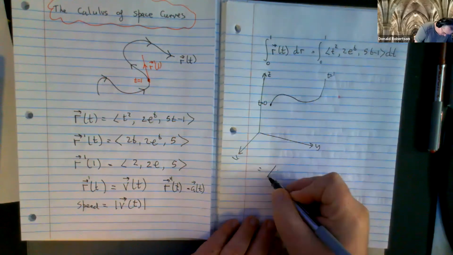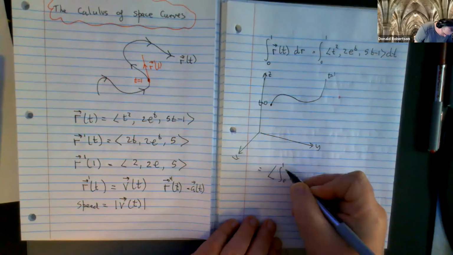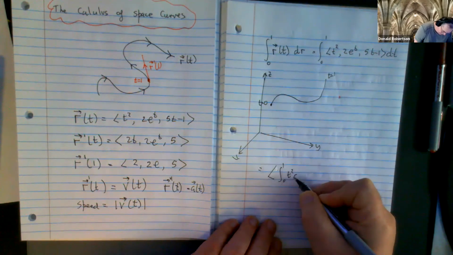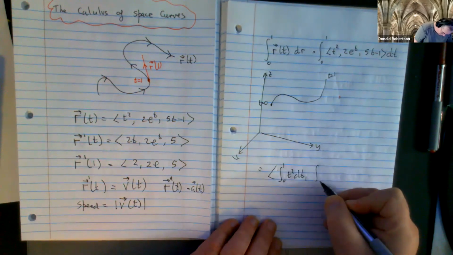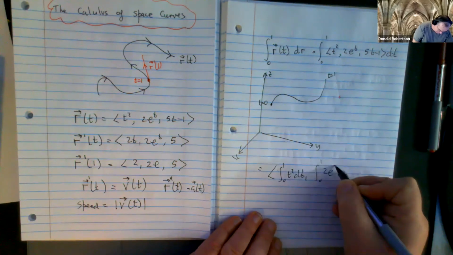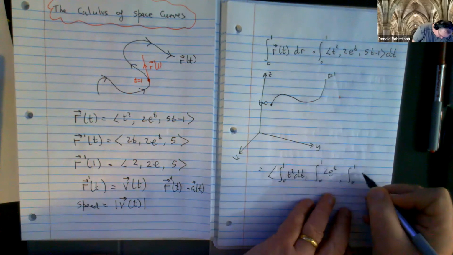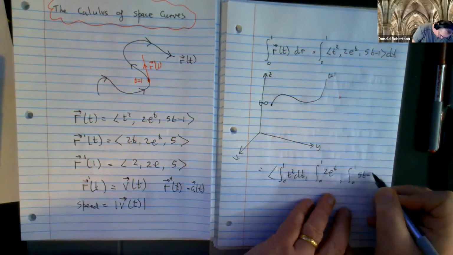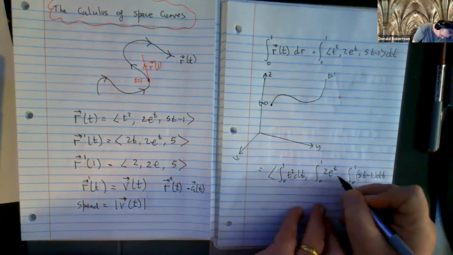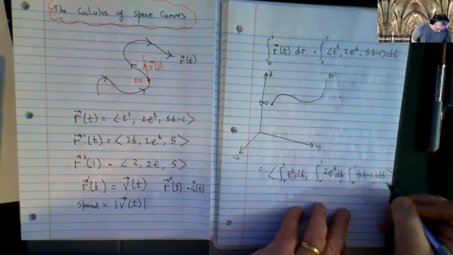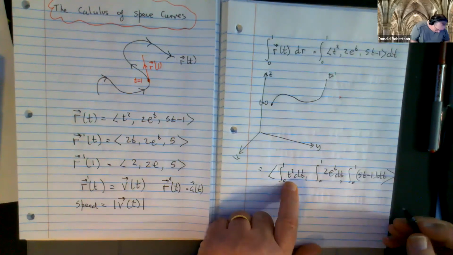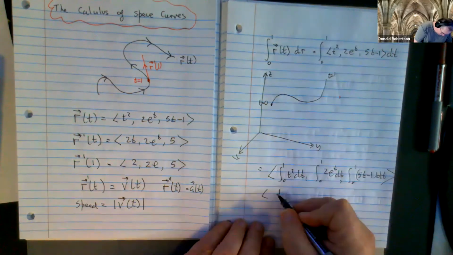So you find the integral from 0 to 1 of t squared, the integral from 0 to 1 of 2e to the t, and the integral from 0 to 1 of 5t take away 1. That gets you what? A third t cubed, so that gets you a third.